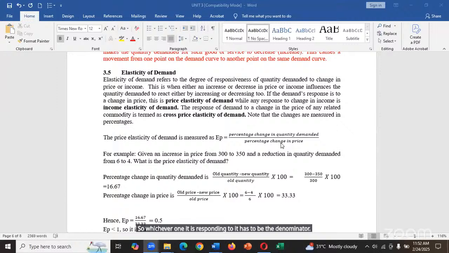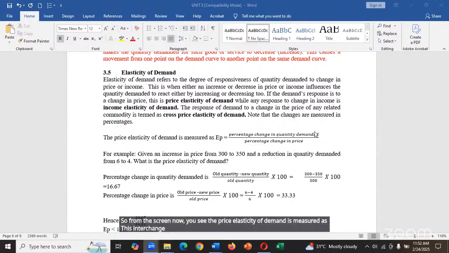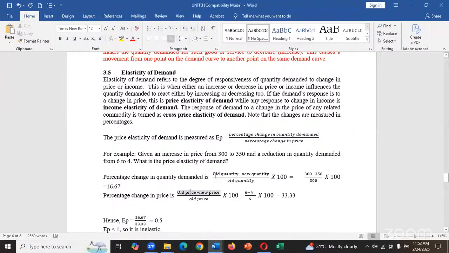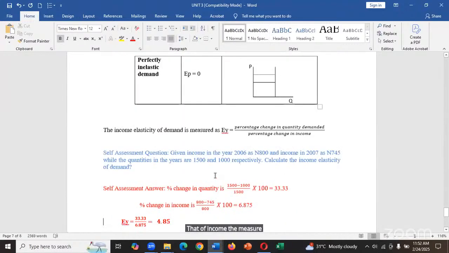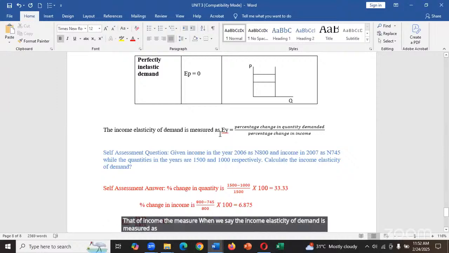From the screen, you see the price elasticity of demand is measured as percentage change in quantity demanded divided by the percentage change in price. Now, that of income: the income elasticity of demand is measured as percentage change in quantity demanded divided by percentage change in income.